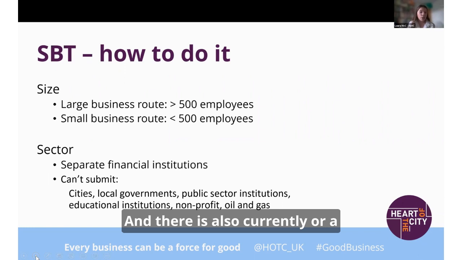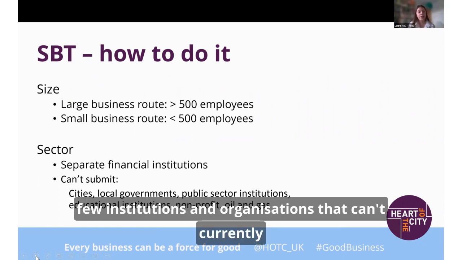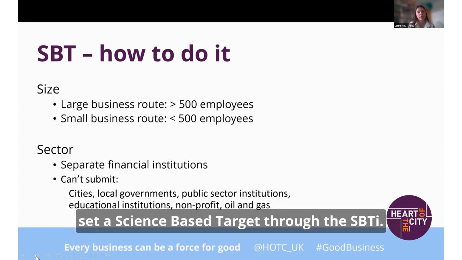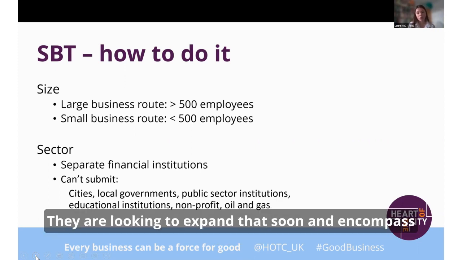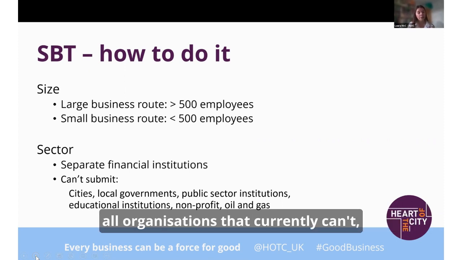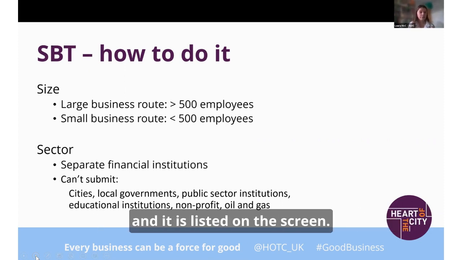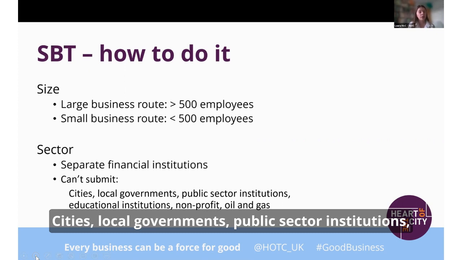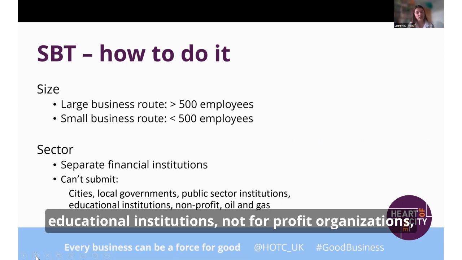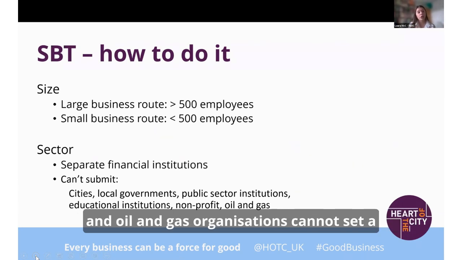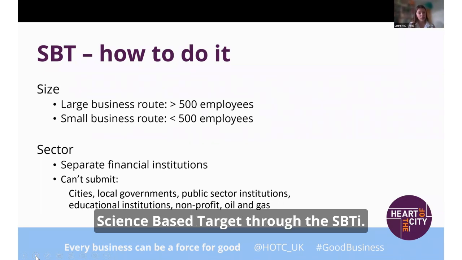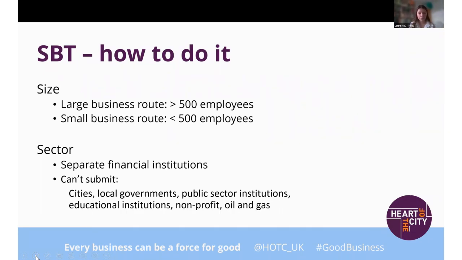And there is also currently a few institutions and organisations that can't currently set a science-based target through the SBTi. They are looking to expand that soon and encompass all organisations, but currently, and it is listed on the screen, cities, local governments, public sector institutions, educational institutions, not-for-profit organisations, and oil and gas organisations cannot set a science-based target through the SBTi.